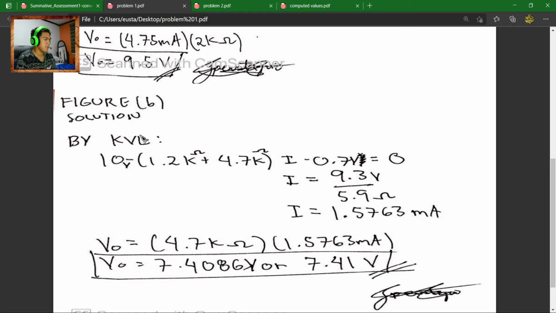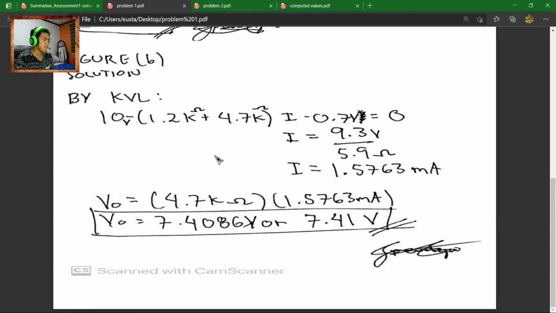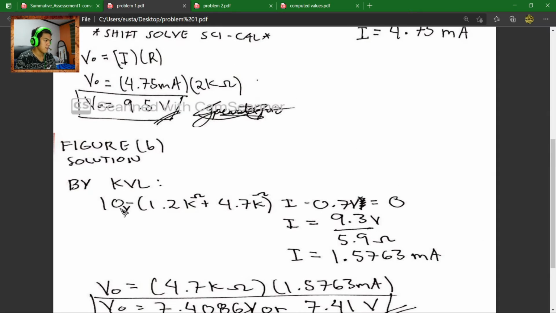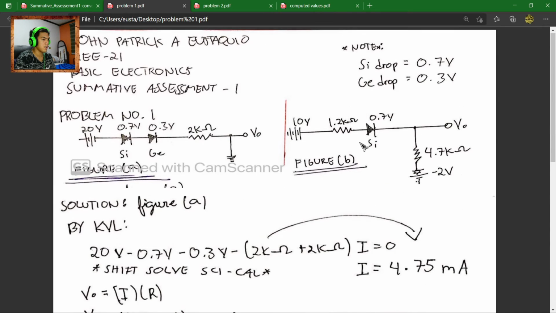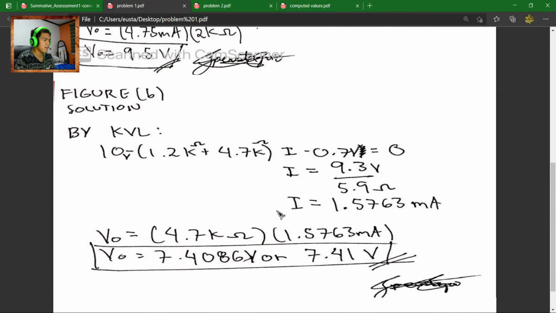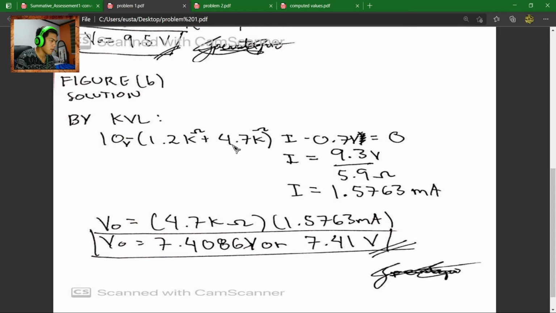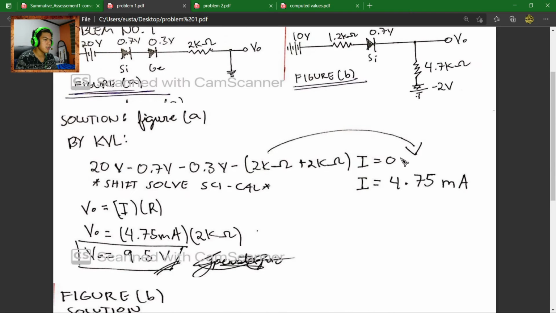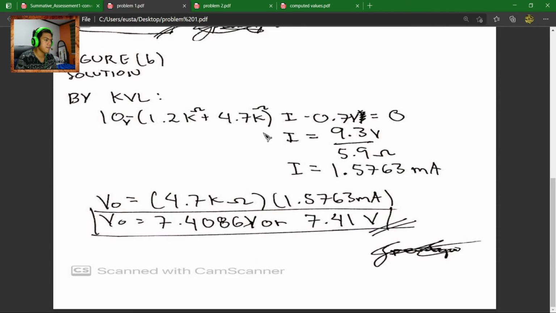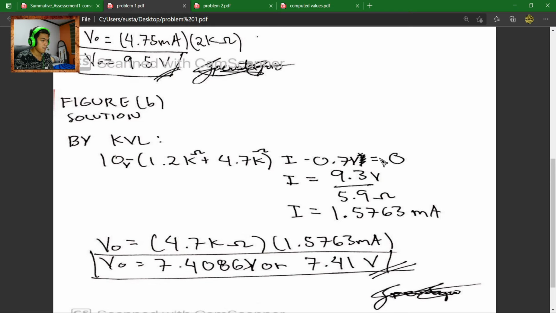By solving by KVL, we have 10 volts for the power source, 1.2K ohms for resistance number 1, plus the 4.7K ohms of the second resistance, times the current, minus 0.7 volts of the silicon diode.